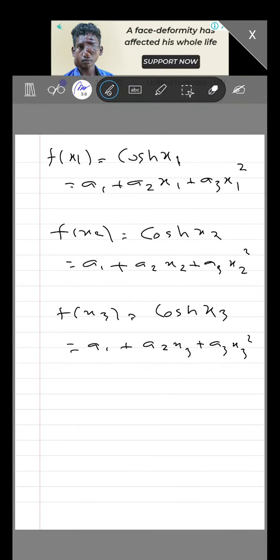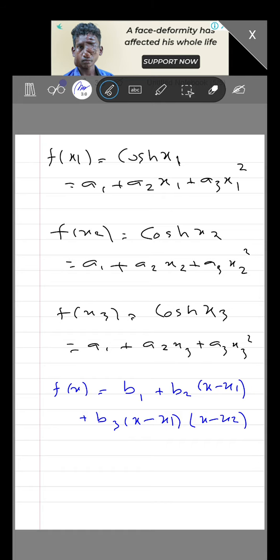Instead of using a1, a2 and a3, we will use this equation, that is f(x) is equal to b1 plus b2 (x minus x1) plus b3 (x minus x1) into (x minus x2).